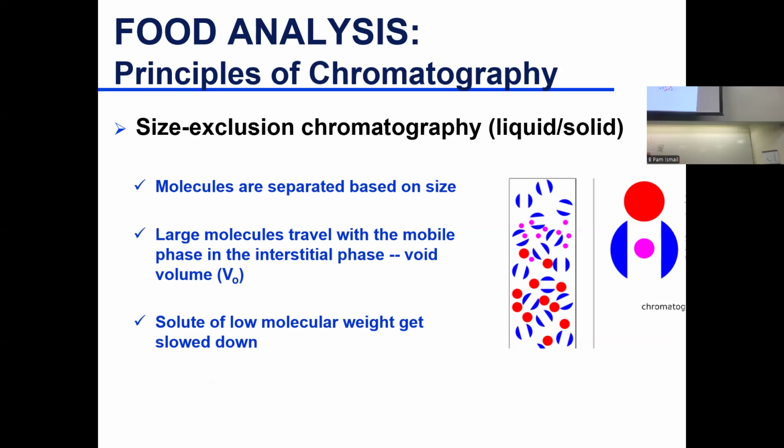So it's going to travel between the particles. So those large molecules, if you have a chromatogram, are going to come out first, and we call this the void volume.